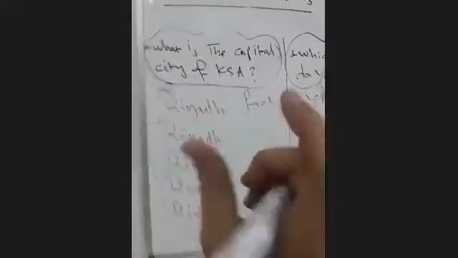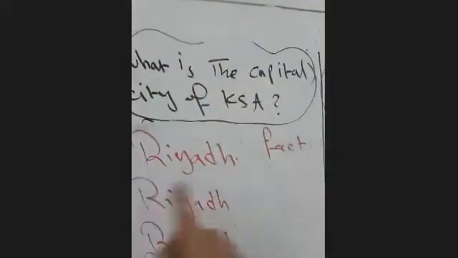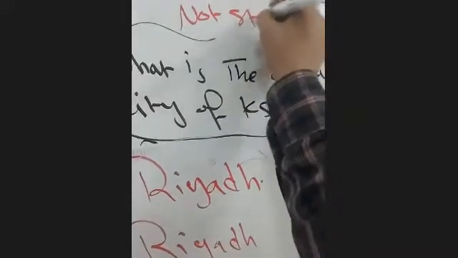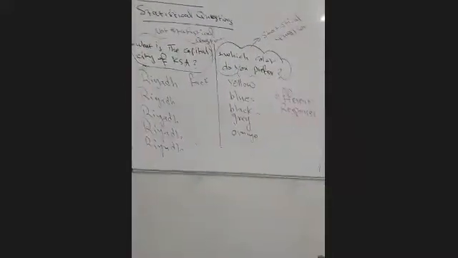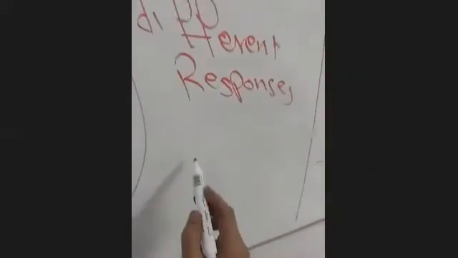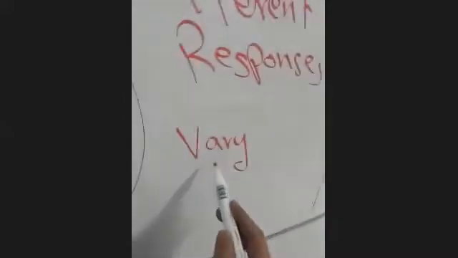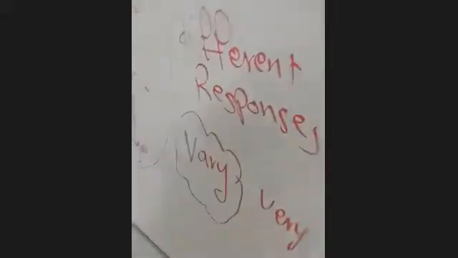And the question which has one unique, correct answer, we call it what? Not a statistical question. So this is the statistical question which has different responses. Different responses, we call it vary. Vary in the English language means different.